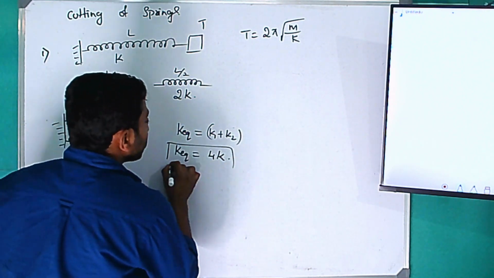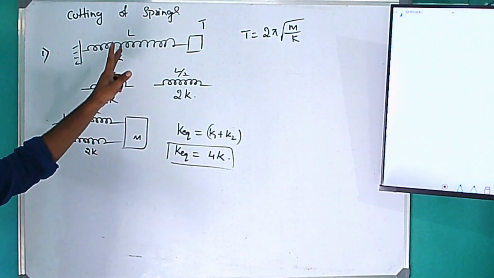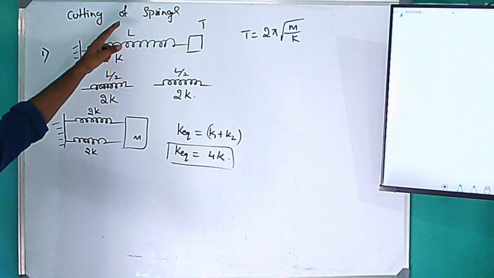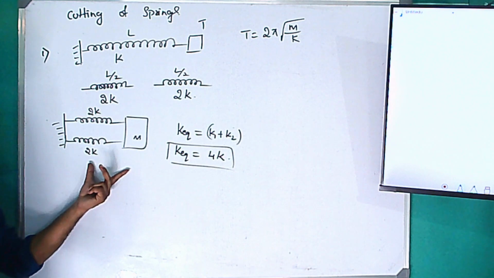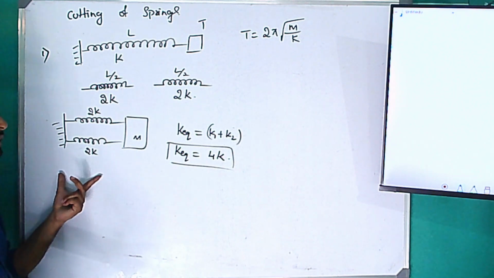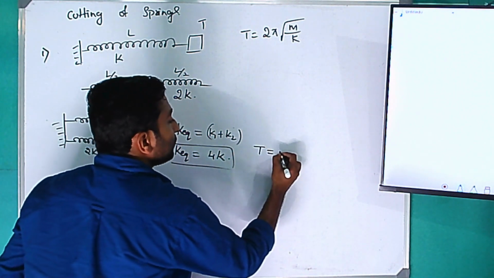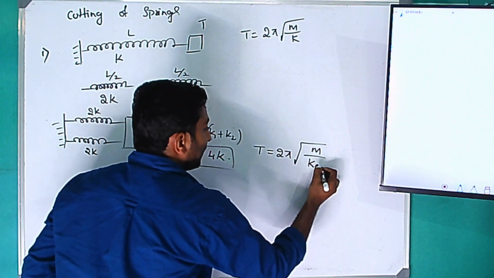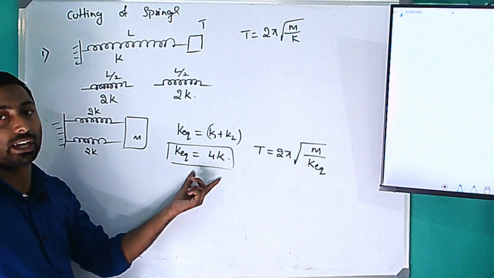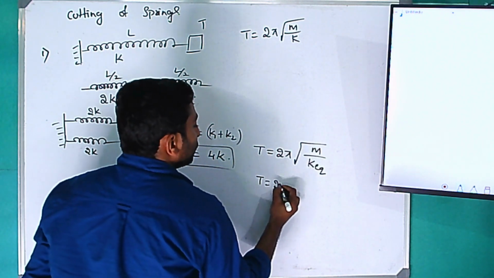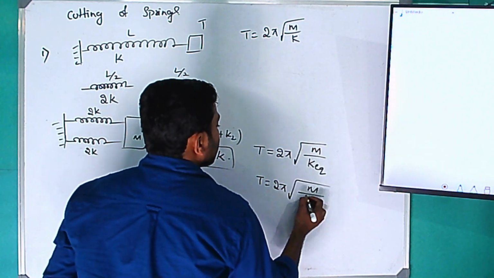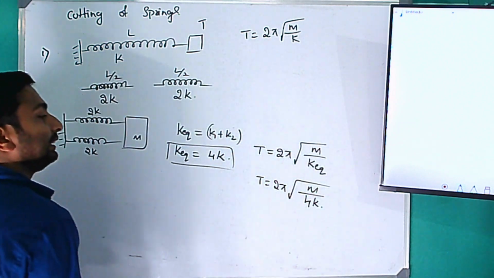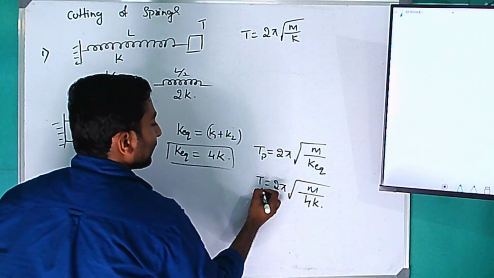So if a spring is cut into 2 equal parts, and those 2 parts are connected in parallel as shown in the figure, then the time period of the new system will be 2 pi square root of m divided by k equivalent. What is k equivalent? 4k. So T is equal to 2 pi square root of m divided by 4k. In other words, let me call this T parallel, TP.